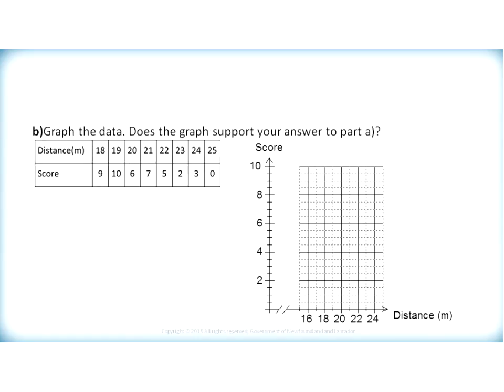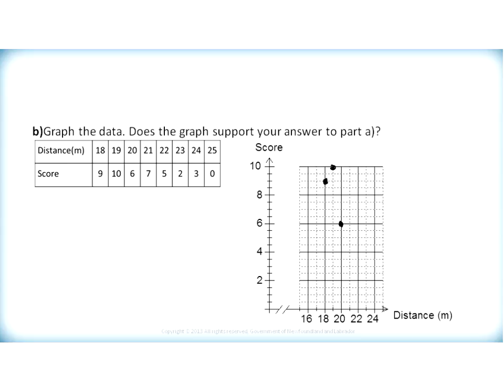So I have my table. I've set up a graph here, and I've made sure that it fits the data that I have. When the distance is 18 meters, the score is 9. So that would be about right here. At 19 meters, my score is 10, right here. When I'm at 20 meters, my score is down to 6.